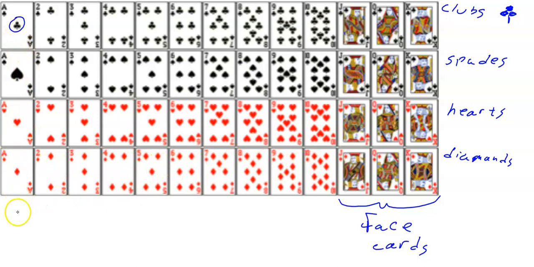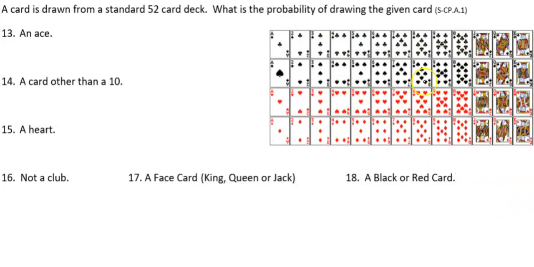And then the ones with the A's are called aces. Notice there are 4 suits, so there are 4 ways for every card to happen. There's a 4 of clubs, a 4 of spades, a 4 of hearts, a 4 of diamonds. I provided you this picture on your assignment.